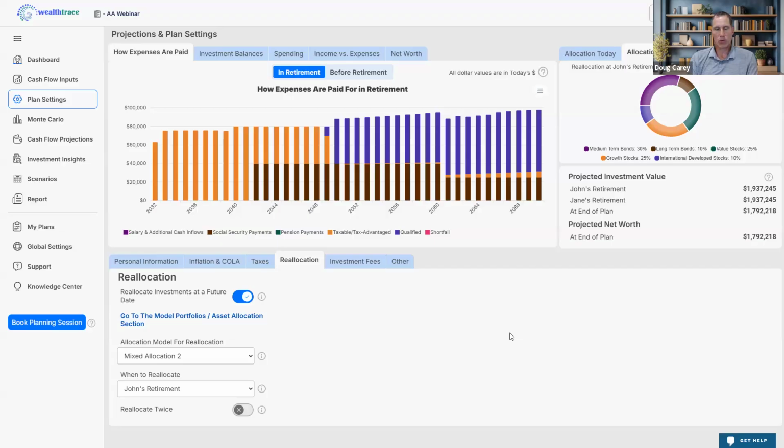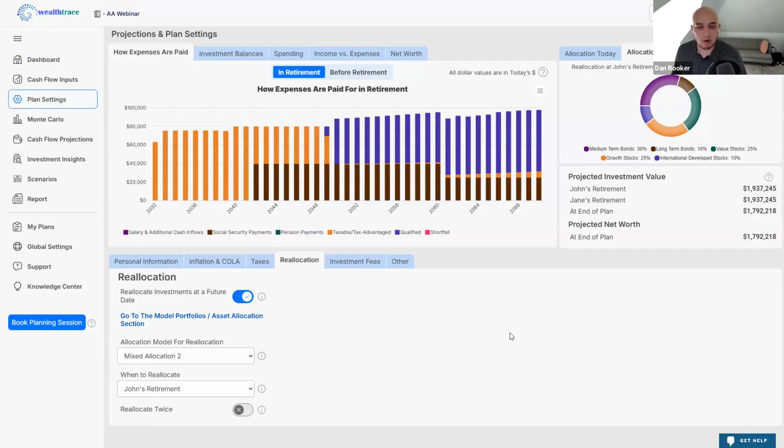Yeah, it will track the cost basis as it reallocates. And if it has to sell some stocks at a gain, it will do that. It has to. This was a question asked earlier during the webinar, and Mitchell, I think you asked it. The software will account for that.